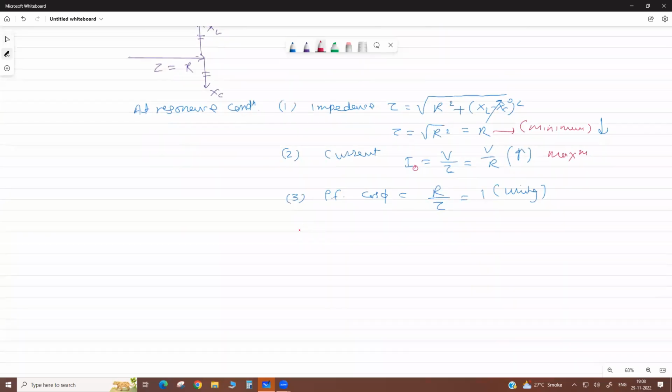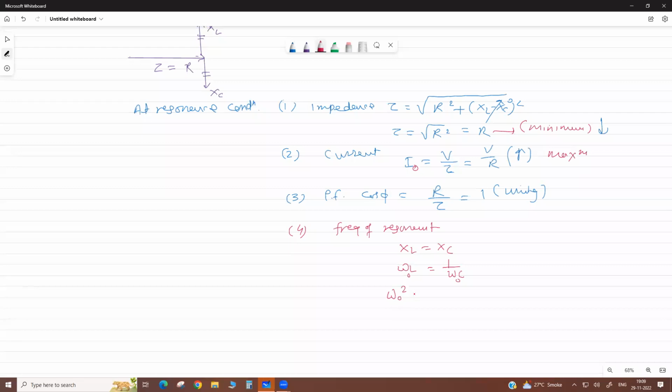Next, we calculate the frequency of resonance, or resonant frequency. See, XL equals XC, or omega L equals 1 by omega C, but at the particular frequency omega naught.